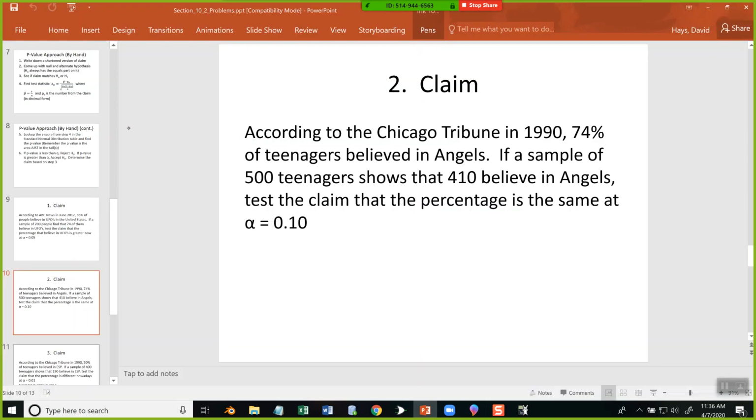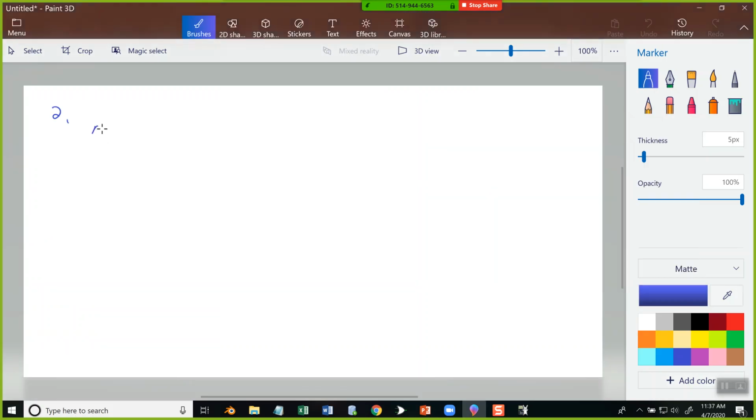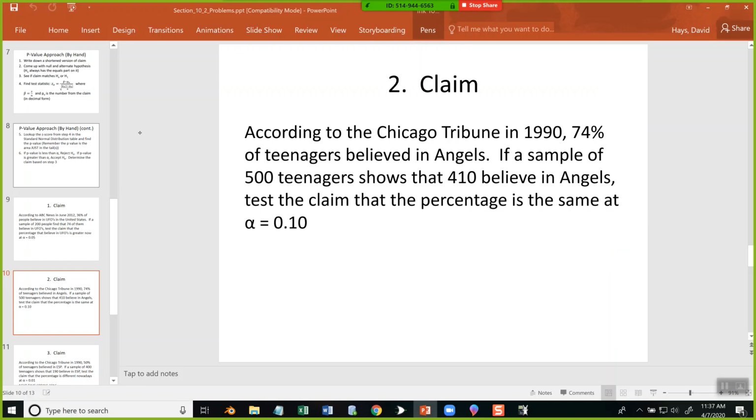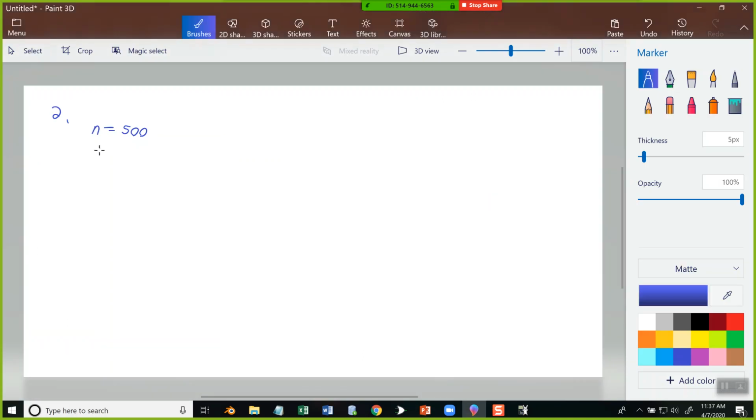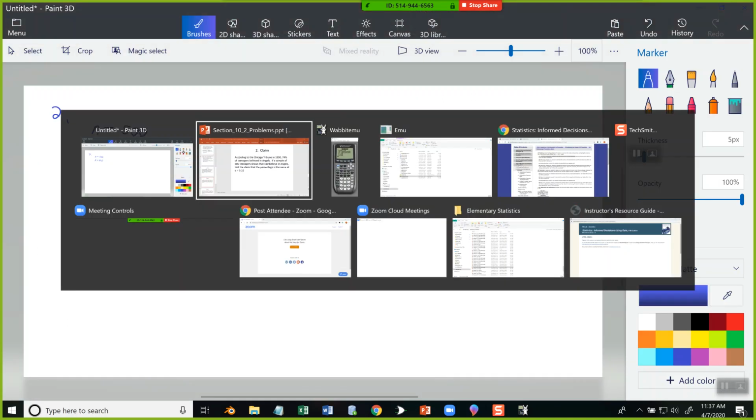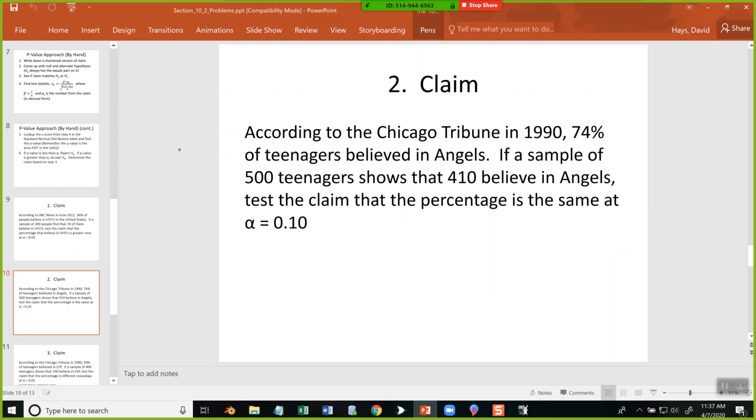Let's see. According to the Chicago Tribune, in 1990, 74% of teenagers believed in angels. If a sample of 500 teenagers, so N is 500, shows that 410 believe in angels, so X is 410. Test a claim that the percentage is the same at alpha equal to 10%.